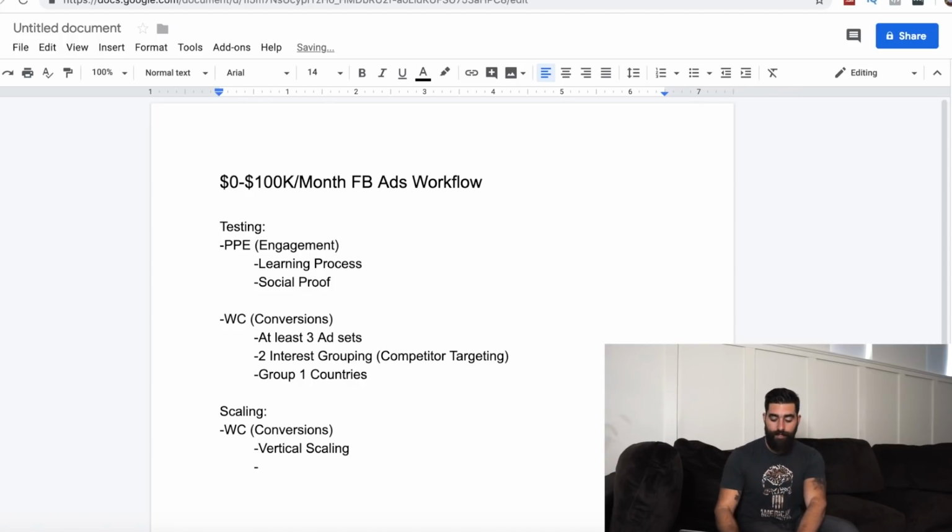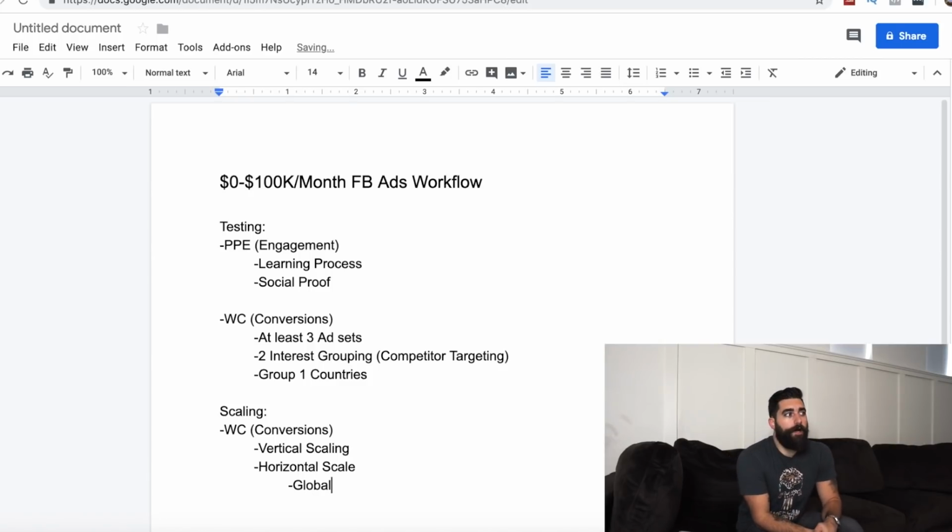This is where we're going to horizontal scale, and this is the main focus here. Horizontal scale by going global. And when I say going global, I don't mean doing worldwide targeting. I don't like worldwide targeting because you can't scale it up as much.